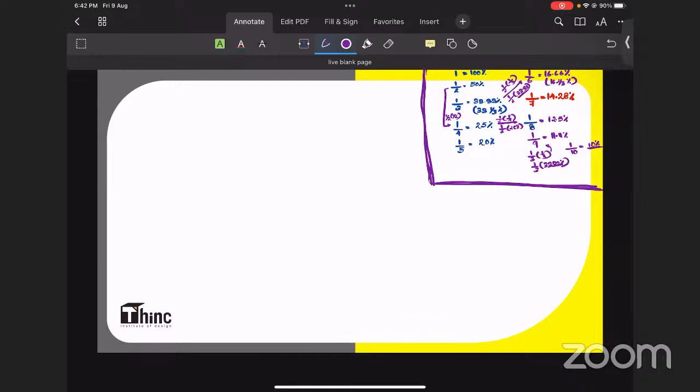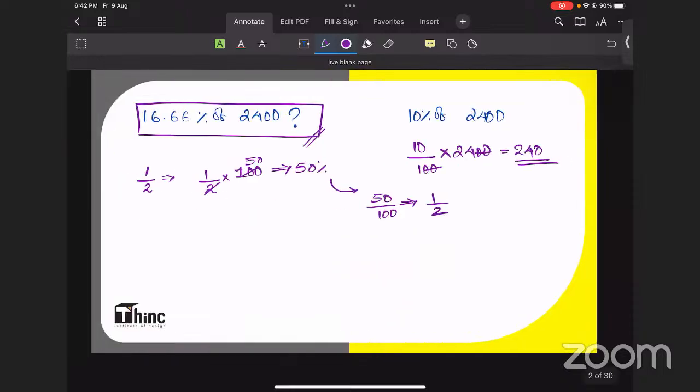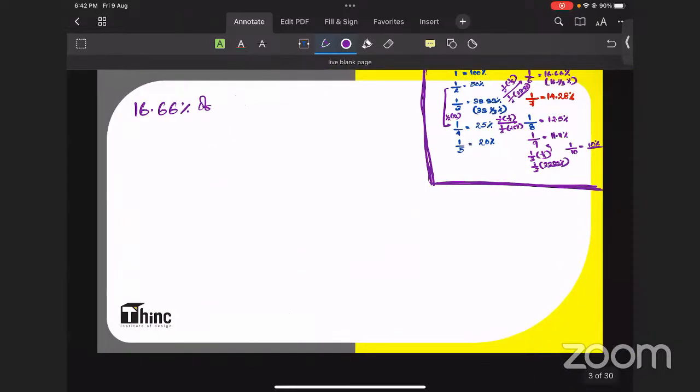So let's solve the question. First question was 16.66% of 2400. Easy question now, because 16.66, we know that it is 1 by 6. 1 by 6 of 2400 is asked. That is 1 by 6 into 2400.